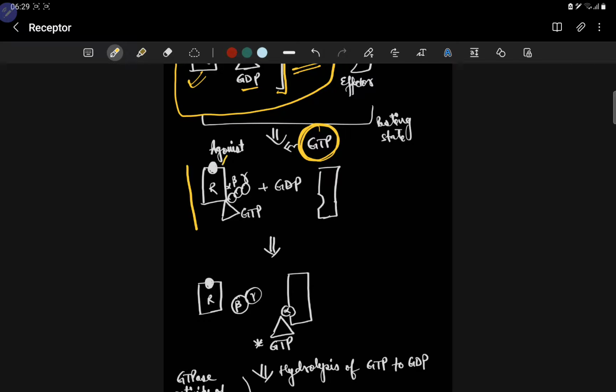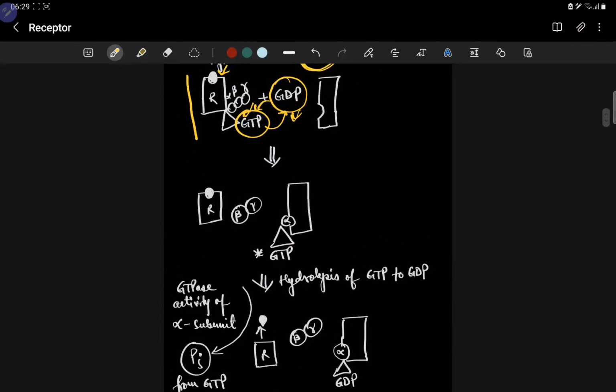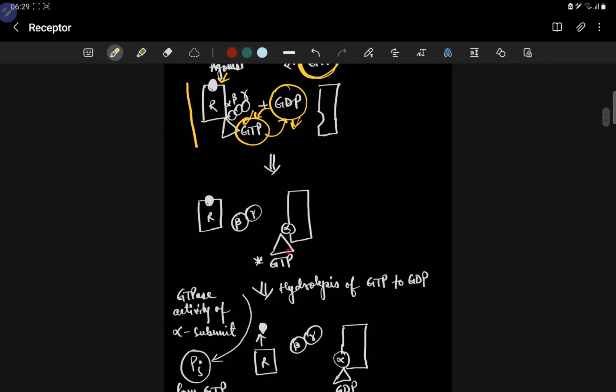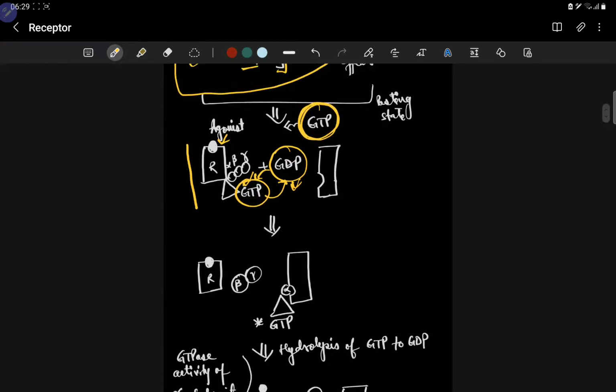GTP will help the binding of the agonist, and it will replace GDP from its site. So GTP will be there and GDP will be out, right? Now what happens?